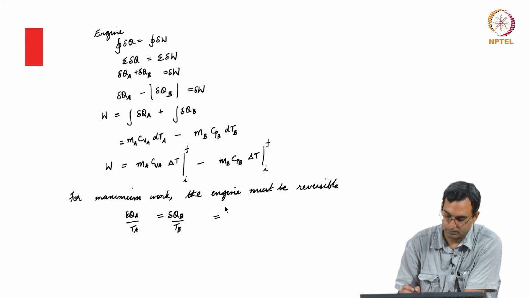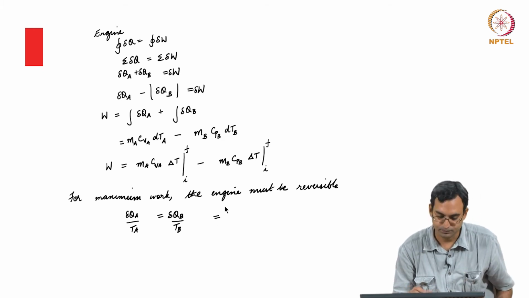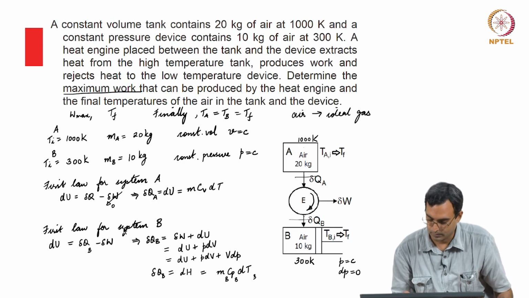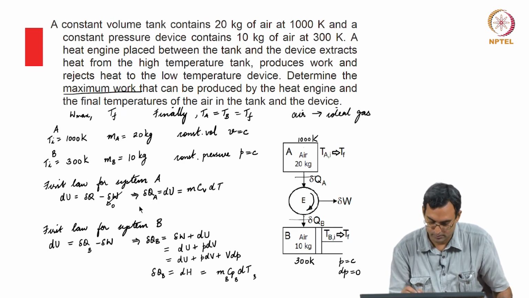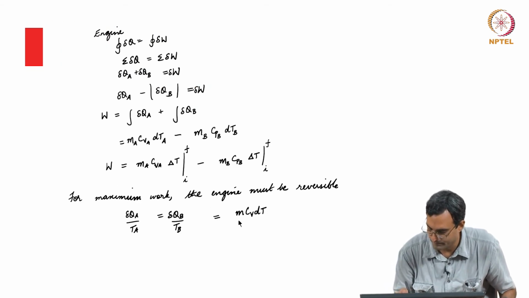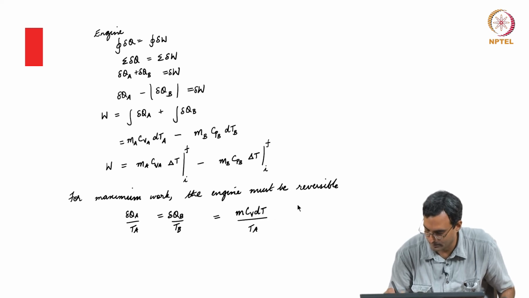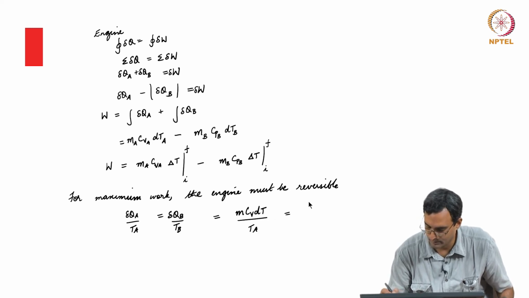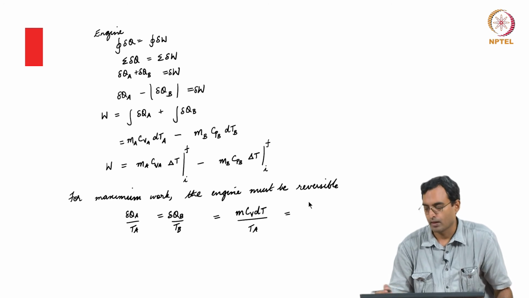So, I had expressions for del Q_A, which is m Cv dT, and Q_B.